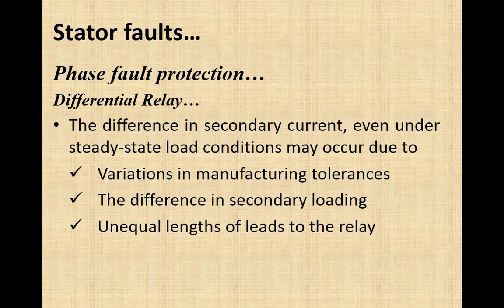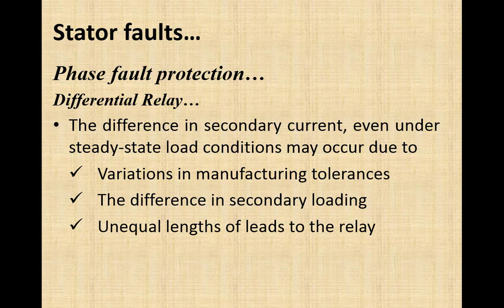Unequal length of leads to the relay: the small diameter cable that we use to bring the CT secondary current up to the relay, their length can be different for both sides of the CTs. One CT may be close to the relay, the other CT may be installed at a distance. So that would result in unequal length of leads.